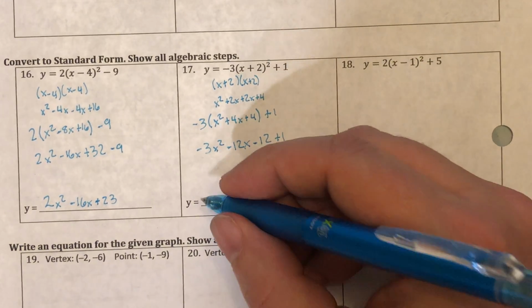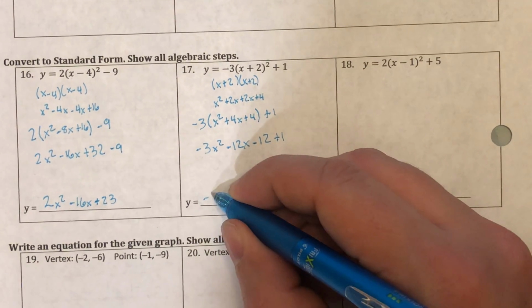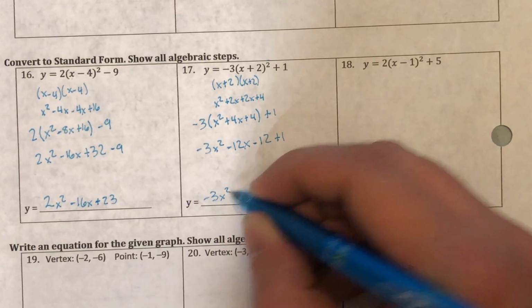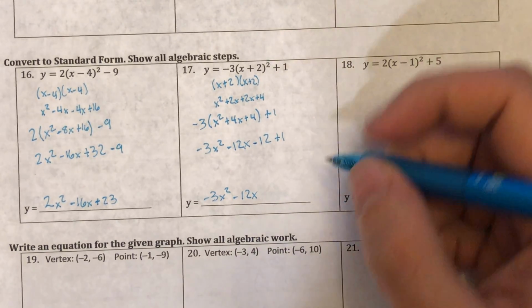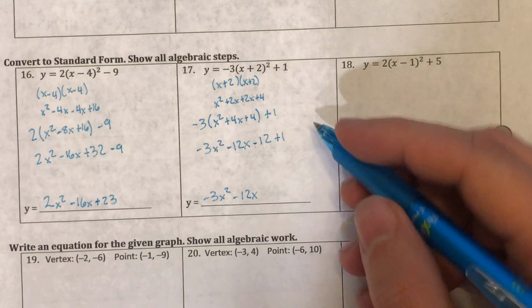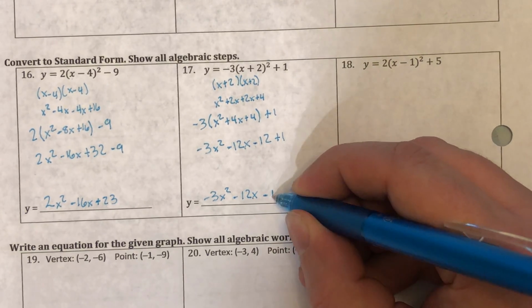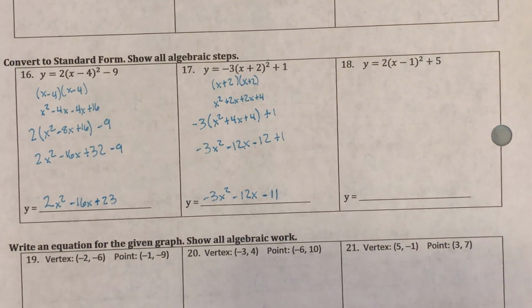Further combine like terms and you get y equals negative 3x squared minus 12x, negative 12 plus 1, minus 11.